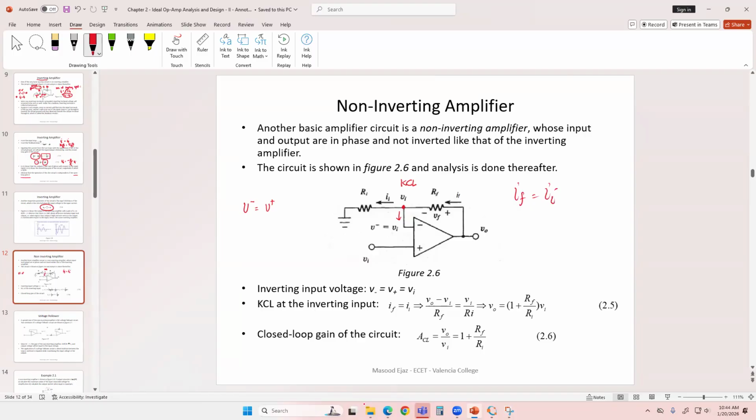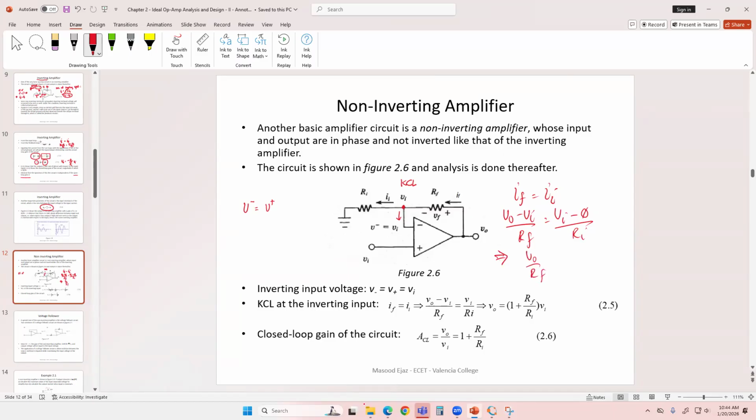And again, you're just going to apply Ohm's law. For IF, Ohm's law gives V out minus Vi over Rf. And for II, applying Ohm's law again, Vi minus 0 over Ri. And from that, you can write down V out over Rf.